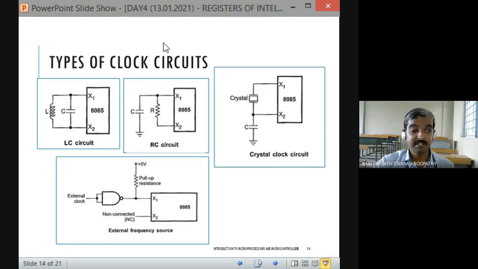That means LC oscillator, RC oscillator, these are the different types of oscillator, correct? For that, only two leads are given outside. The oscillator circuit is inside.